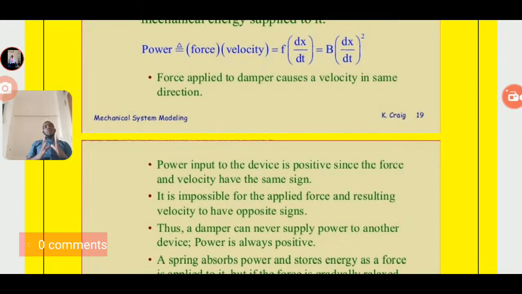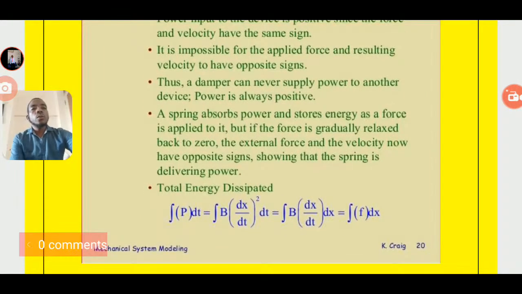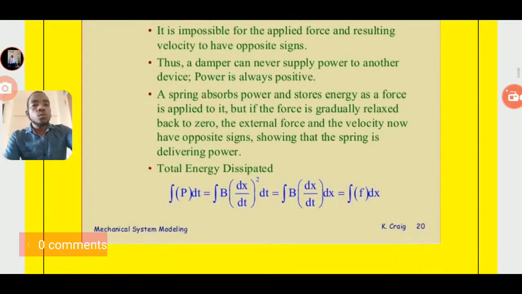The force applied to the damper causes a velocity in the same direction. The power input to the device is positive, since the force and the velocity have the same sign. It is impossible for the applied force and the resulting velocity to have the opposite sign here, so a damper can never supply power to another device. That means the power is always positive.